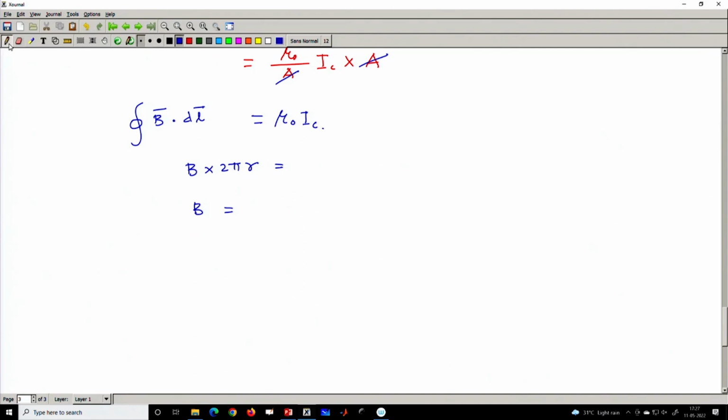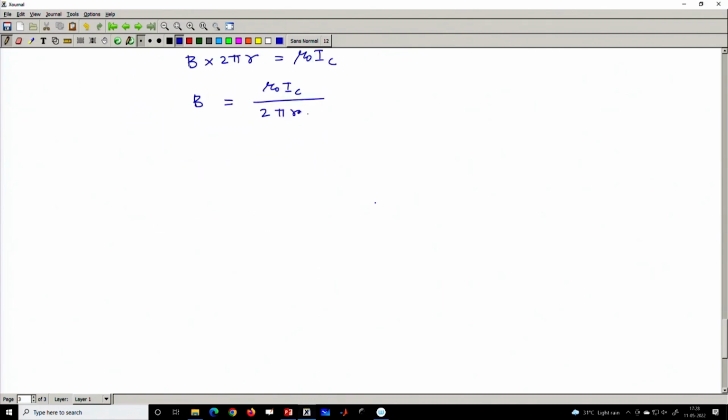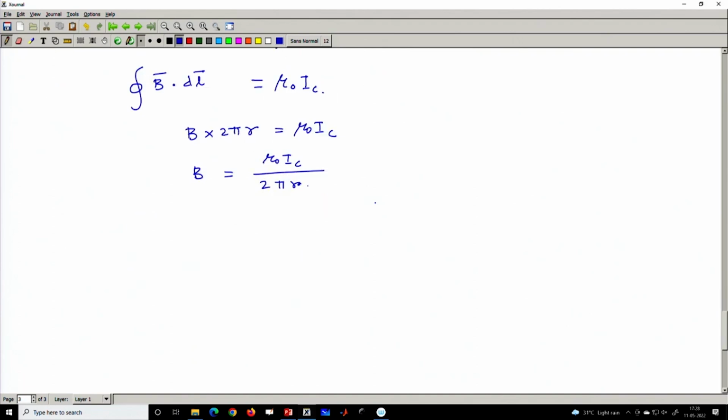So, it is simply mu 0 IC. So, B is now mu 0 IC or I divided by 2 pi r. That is eventually the same value that we are having. So, this is the value when r is greater or equal to R.